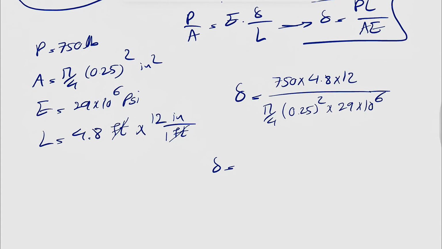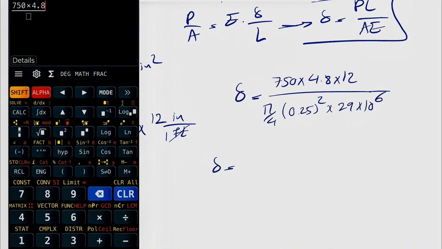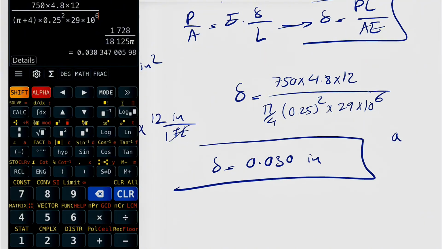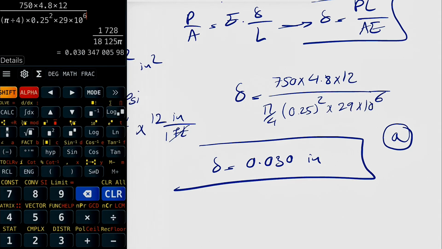So let's see what we get. 750 times 4.8 times 12 over pi divided by 4 times 0.25 squared times 29 times 10 to the 6, and this is going to give us 0.03 inches, and that would be the answer for part A.